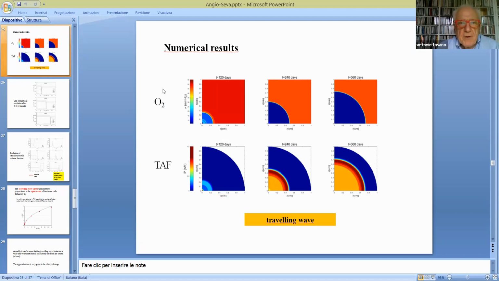So this is the behavior of the oxygen concentration after, say, 120 days, 240 days, 360 days, so approximately 1 year. And the same for the tumor's angiogenesis factor.